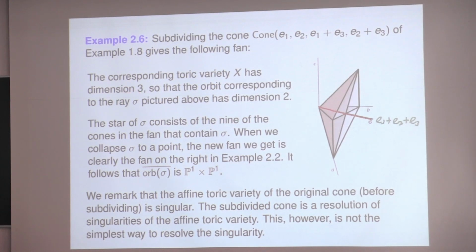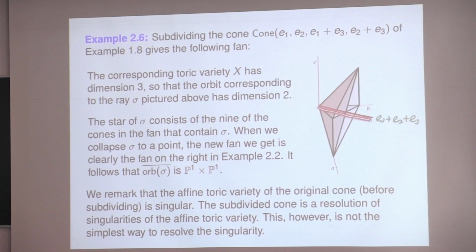Now let's look at the orbit closure of this ray sigma, the one that I drew in red. This ray in red has a corresponding orbit. Take the closure. What dimension does it have? Well, we said that the dimension of the cone and the dimension of the orbit or orbit closure add up to 3.